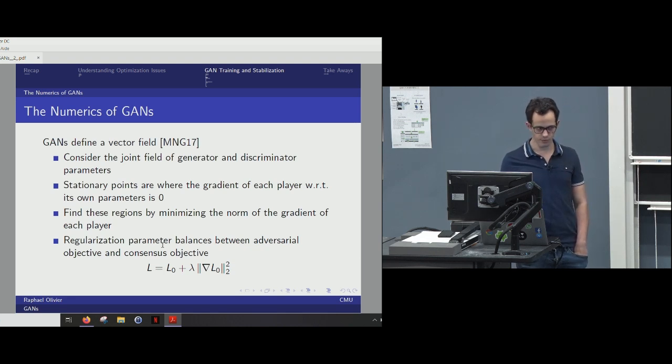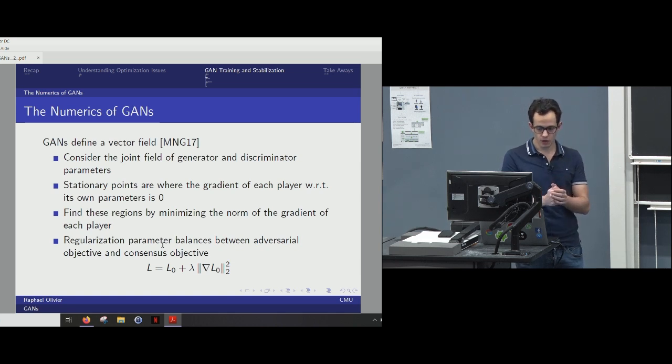So in the previous paper, you're asking the generator to go in directions where the gradients of the discriminator are going to be small, but on top of that, you also ask the discriminator to do the same thing, try to minimize the gradients of the generator.